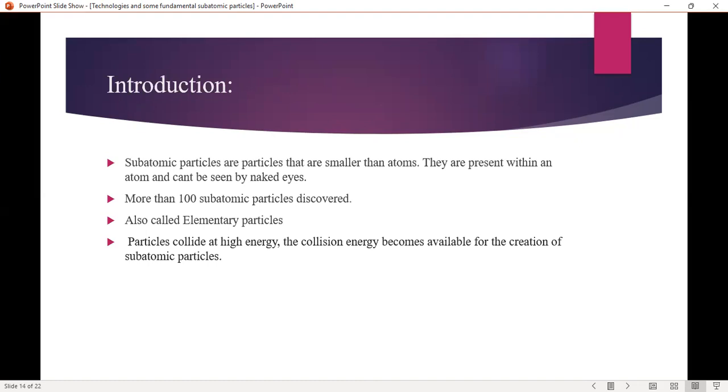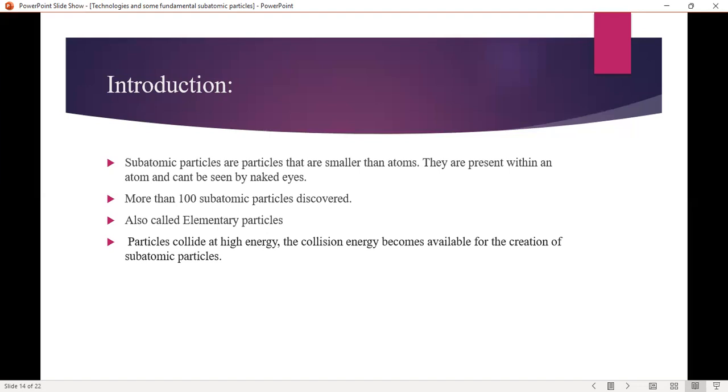Subatomic particles: as you know, the fundamental particles are electrons, protons, and neutrons. The electron is negatively charged, the proton is positively charged, and the neutron is neutral in nature. We know about these three fundamental particles. Besides these, many other particles which we can't see with our naked eyes have been discovered.